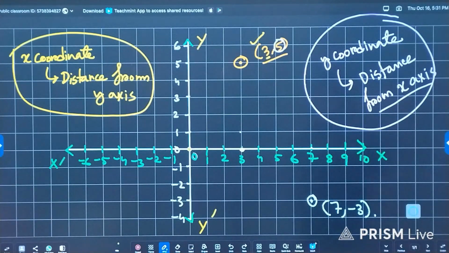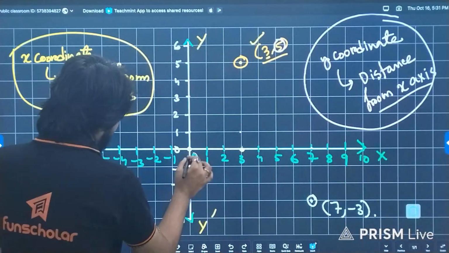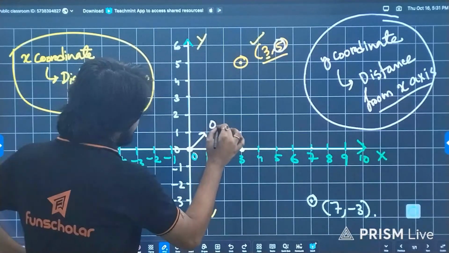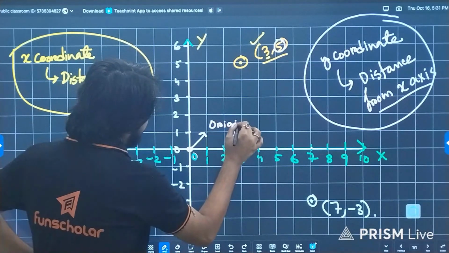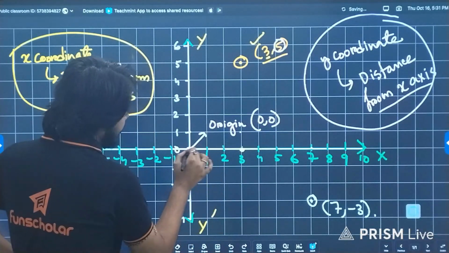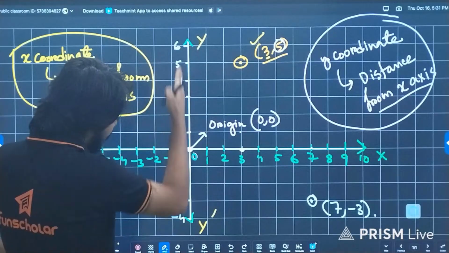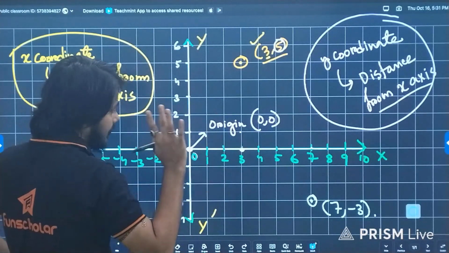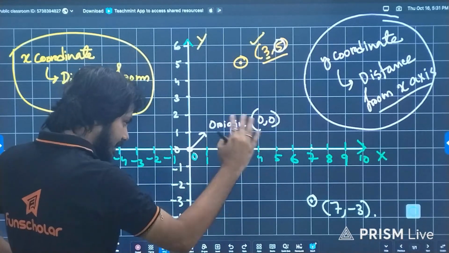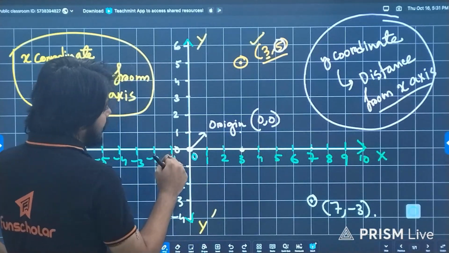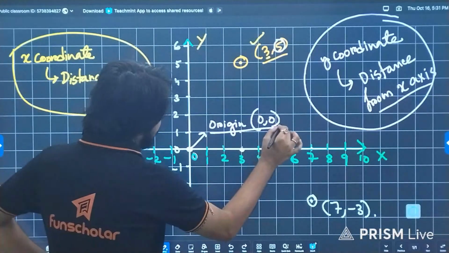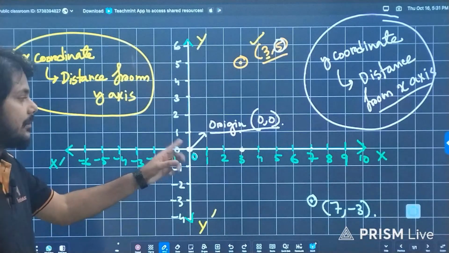Now, what is the name of this point? This is the origin. And what is the coordinate of this origin? 0 comma 0. Why? Because it is 0 steps away from x-axis and 0 steps away from y-axis.